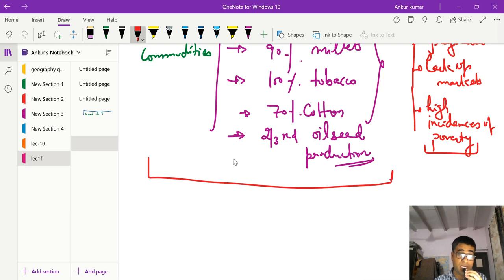The first thing we can do to sort out these problems, number one, is rainwater harvesting.